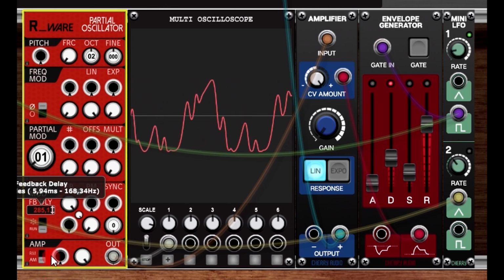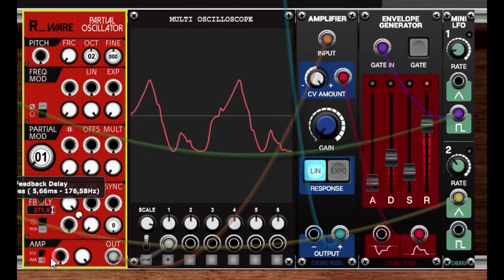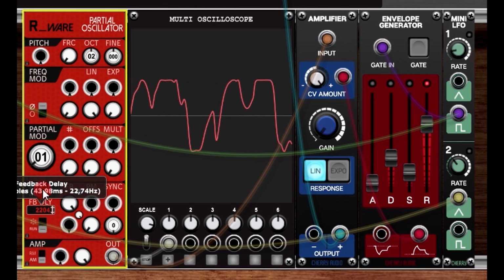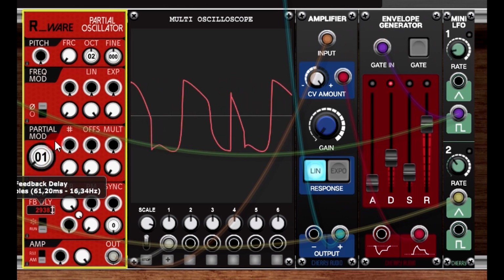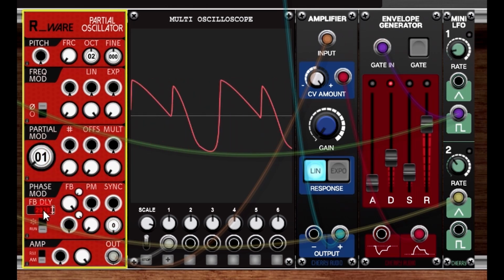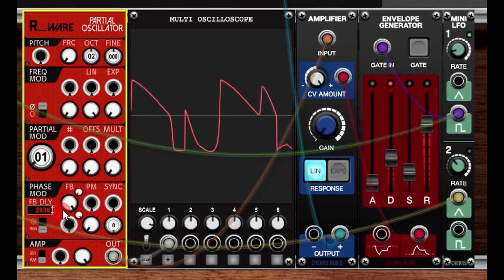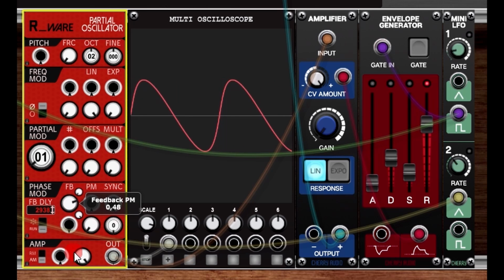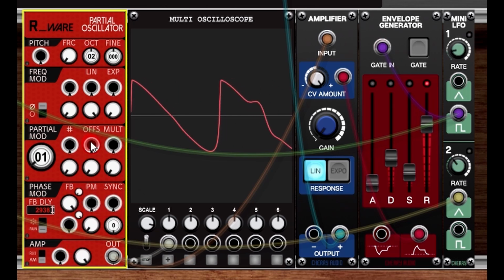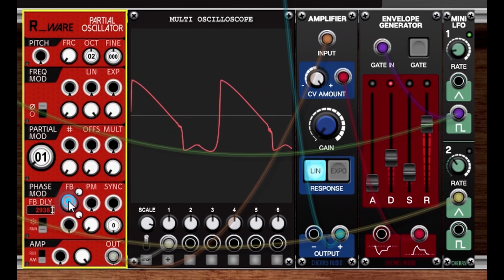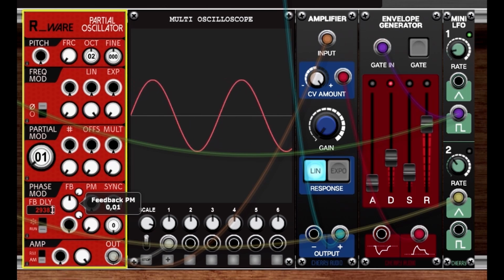Going up. You see nicely how the feedback sets in when I reduce it and increase it again.